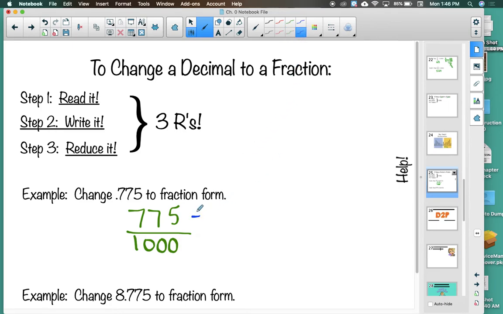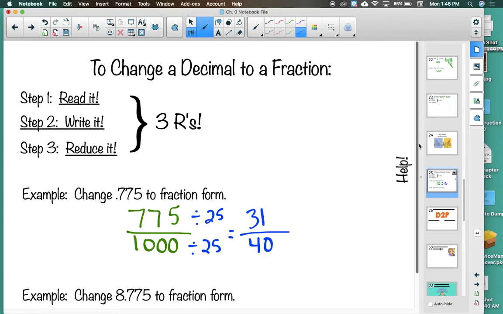Now I reduce or simplify. So I can divide both of these numbers, believe it or not, by 25. You could do this by 5 and then by 5 again. They both are divisible by 25, so that's 31/40ths.